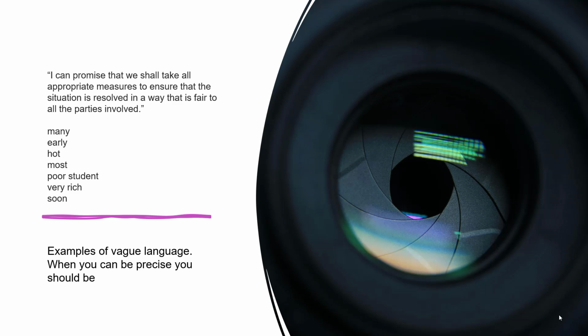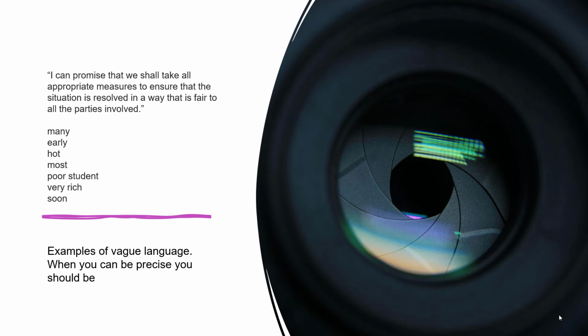Here are some examples of vague language. So the first one is a statement which reads, I can promise that we shall take all appropriate measures to ensure that the situation is resolved in a way that is fair to all the parties involved. This is maybe a typical sort of politician's answer. If they're confronted about, what are you going to do about this? They can say, well, we should take all appropriate measures and fair to all the parties involved.